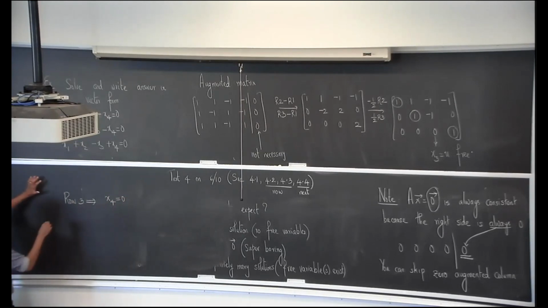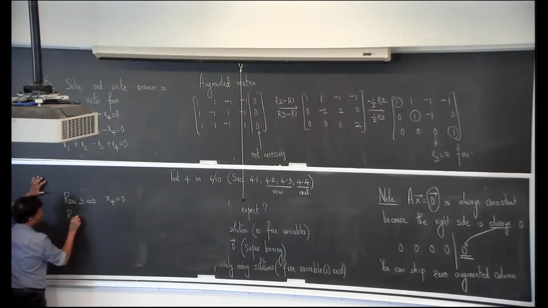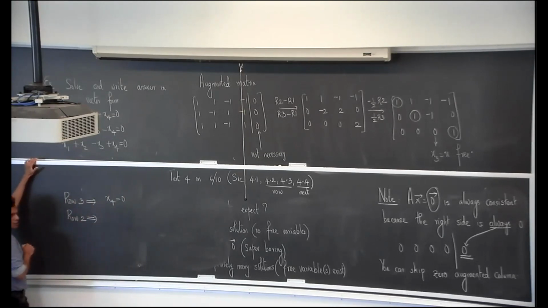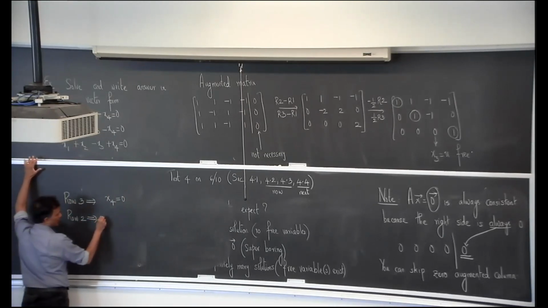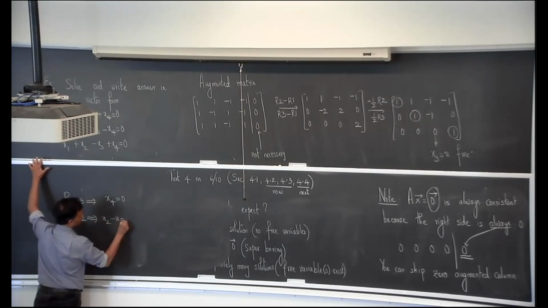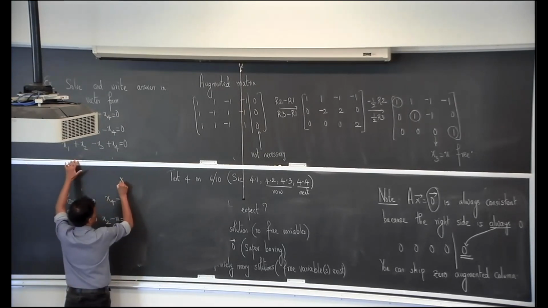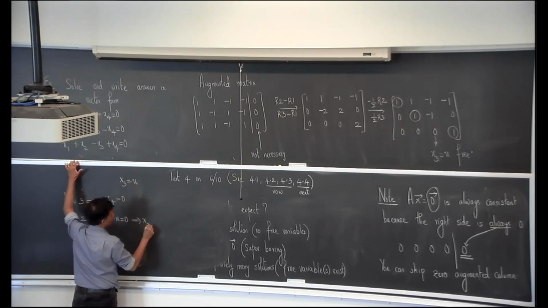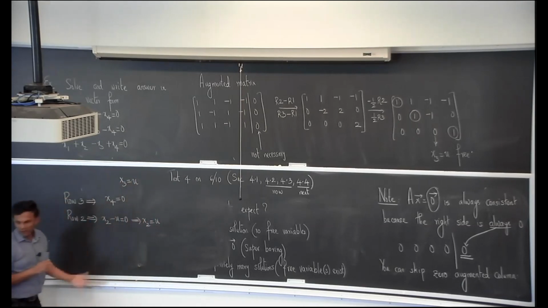Now go to row 2. And that will give you x2 minus x3 equal to 0. So x2 minus u. Remember that x3 is free. Okay. So x2 is u. You're solving basic in terms of free.